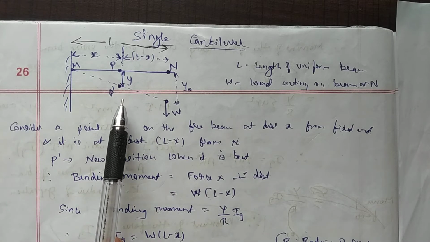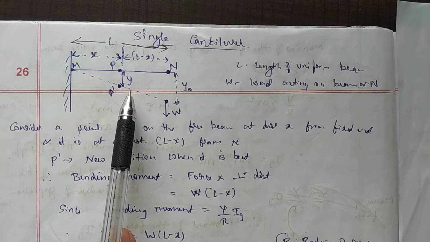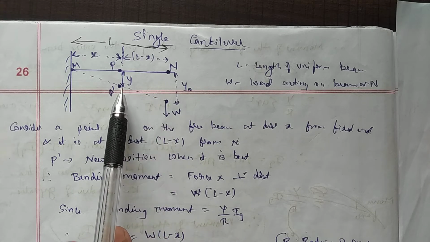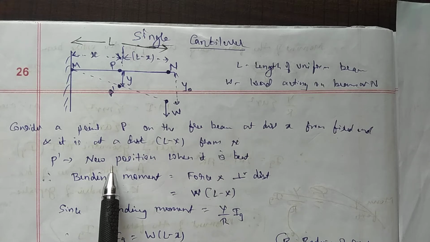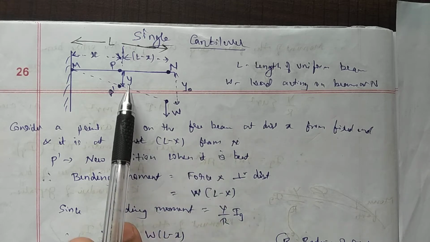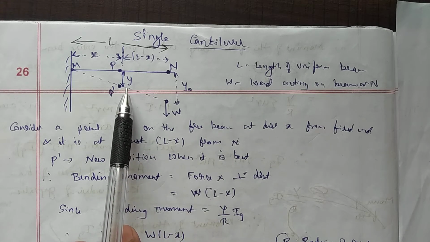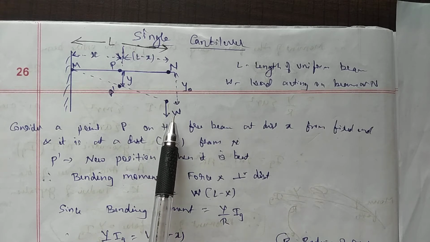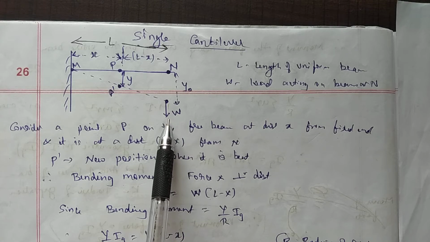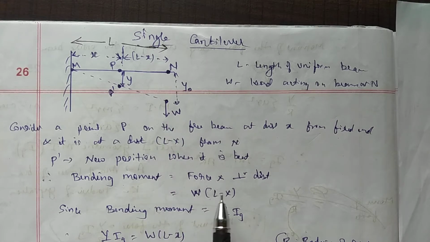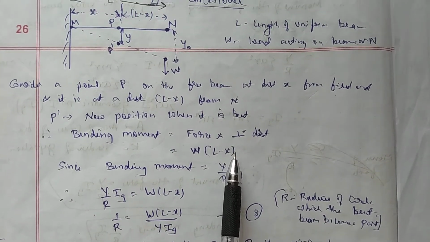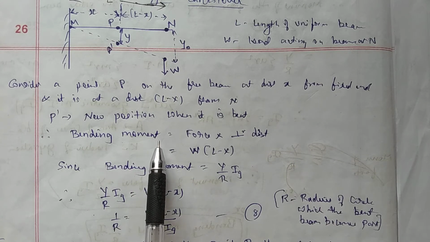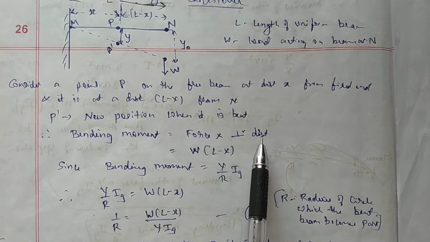Let P dash be the new position when it is bent, due to applying the weight W as shown in the diagram. Therefore, the bending moment, by definition, is force into perpendicular distance.